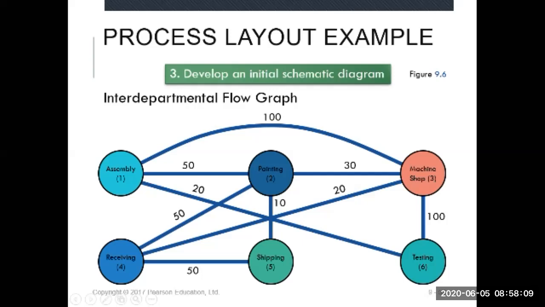From assembly to testing is 20. This is the cost to move per item or per load, but the number of loads is in a different table. Between painting and shipping is 10. From receiving to shipping is 50. So remember, we have two elements: the number of loads and the cost to move the loads. We already have both.